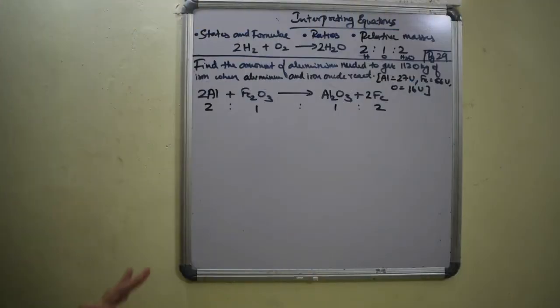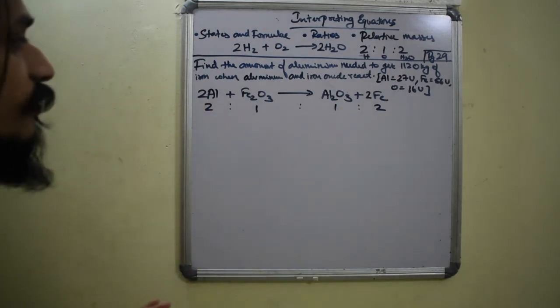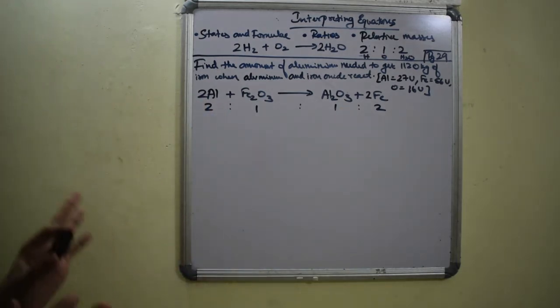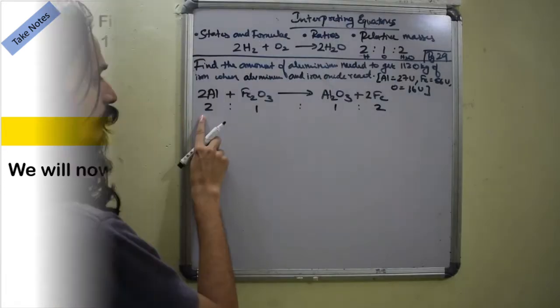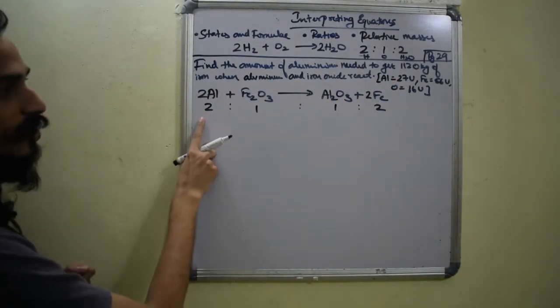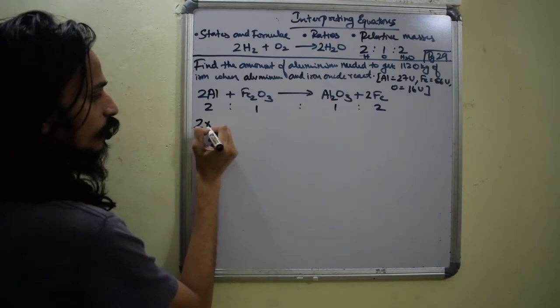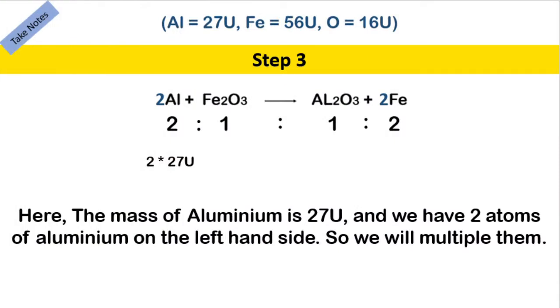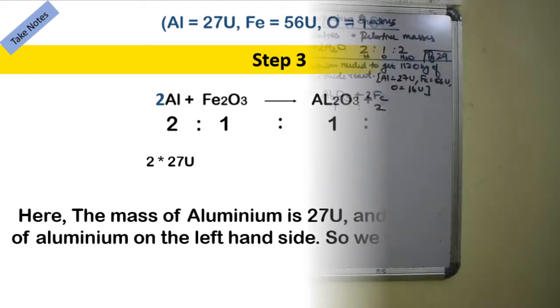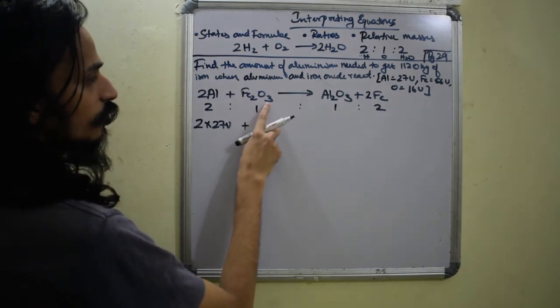So what I am going to do, I did not do it for everything over here. I need to only figure out for two major things. I know aluminum is 27, but I have two aluminums here, so I'll write 2 into 27 U, plus Fe2O3.